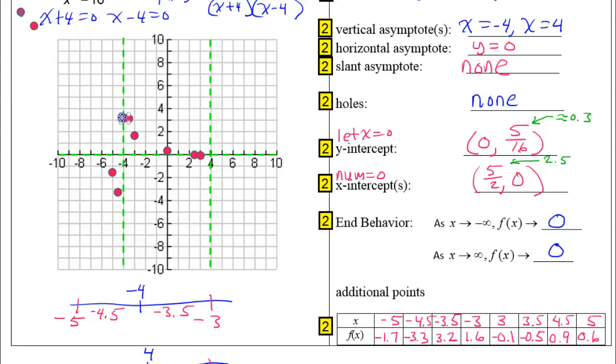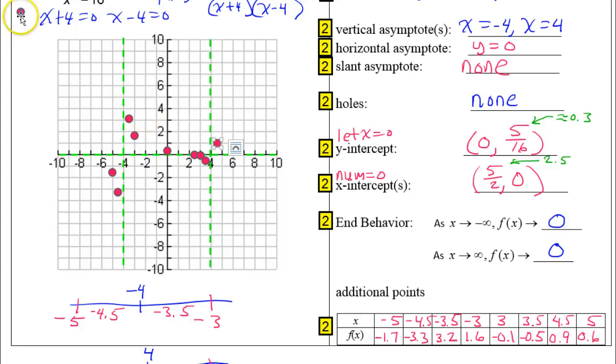Okay, what's next? 3.5 is at negative 0.5, so that's right about here. 4.5 is at positive 0.9, so that's about here.